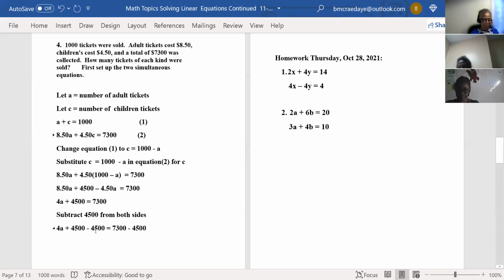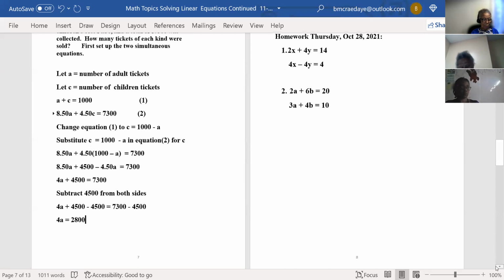A plus 4,500 and minus 4,500 gives you 0. So you have 4A equals, what's 7,300 minus 4,500? 2,800. Now what is A equal to? Divide by 4.